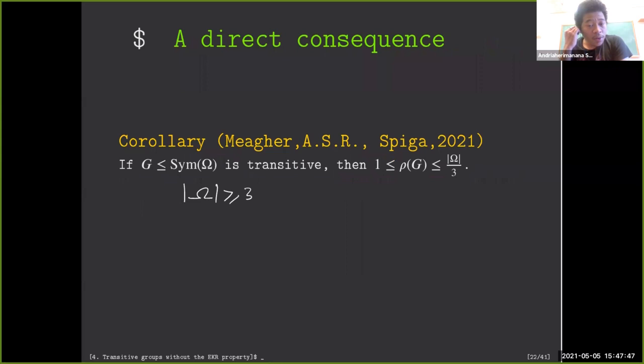A direct consequence of this theorem is the following. When the degree of a transitive group is at least 3, then the intersection density is bounded from above by the degree divided by 3.